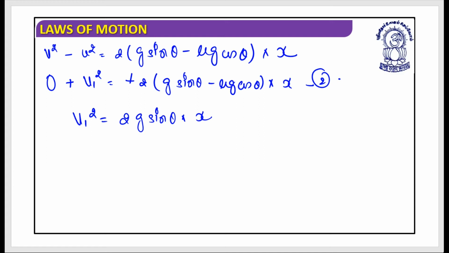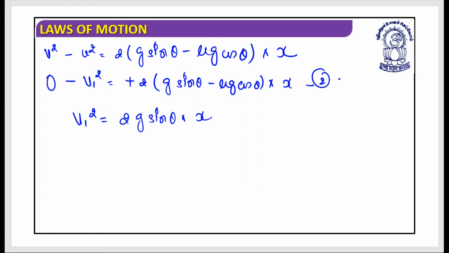So this should be v1 square, and let's just make it clear that this is 0 minus v1 square, and this is equal to plus 2 into g sine theta minus mu g cos theta into x.